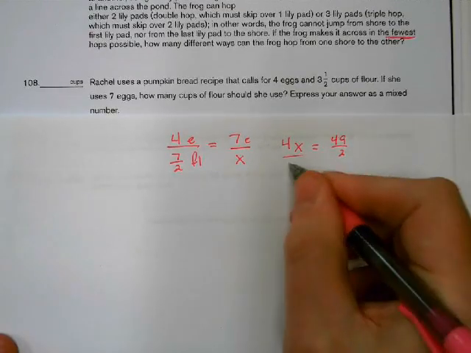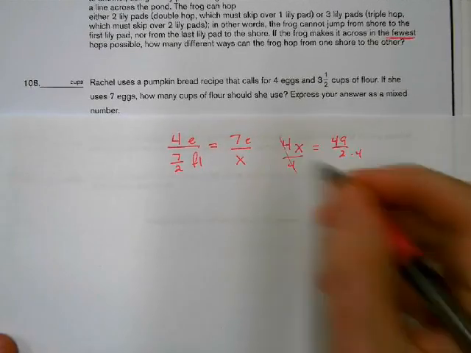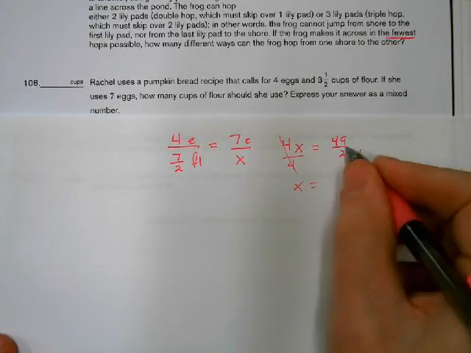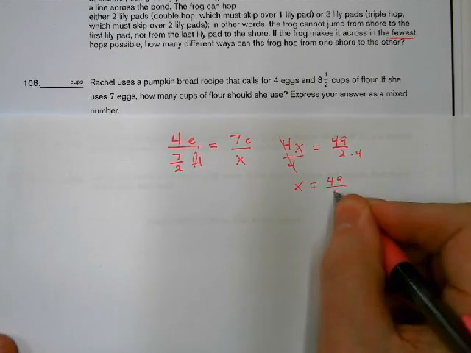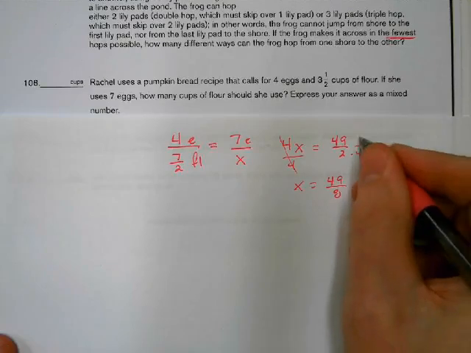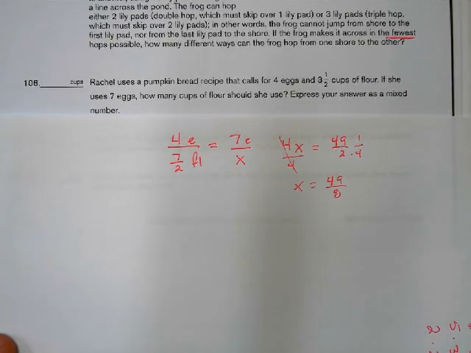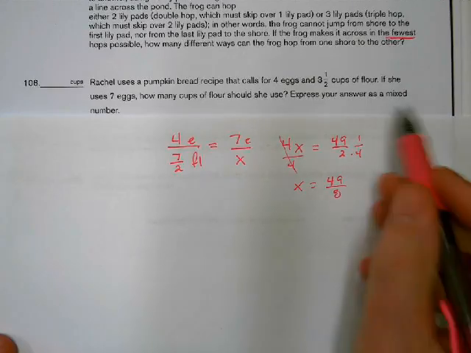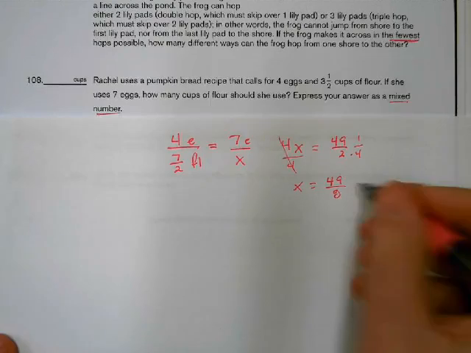And I've got 49 over 8. See what I did there? When I divide by 4, I multiply by 1/4. So 49/8, but it wants our answer as a mixed number. So that's going to go in there 6 1/8 times. So our final answer is 6 1/8.